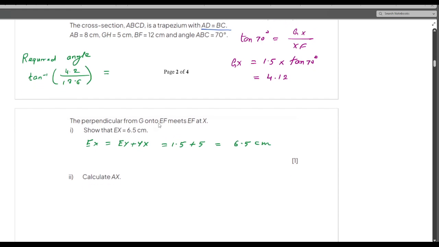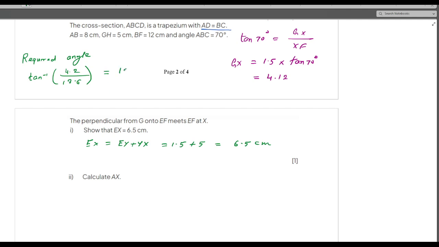Let us consider 13.6. If you have it in your calculator, use that value, and here we get the answer as 16.8.